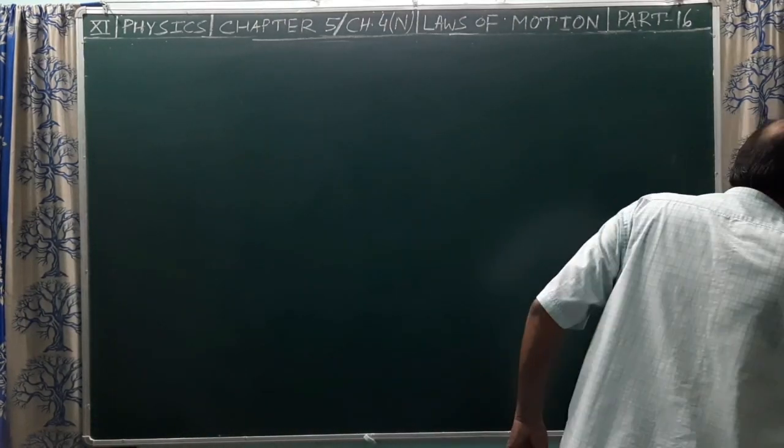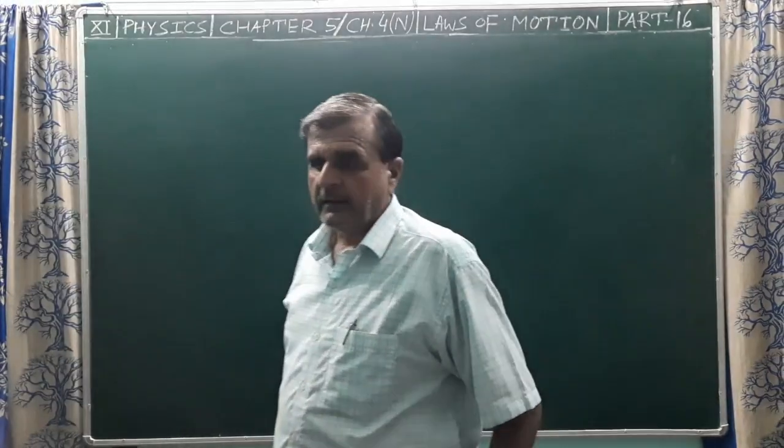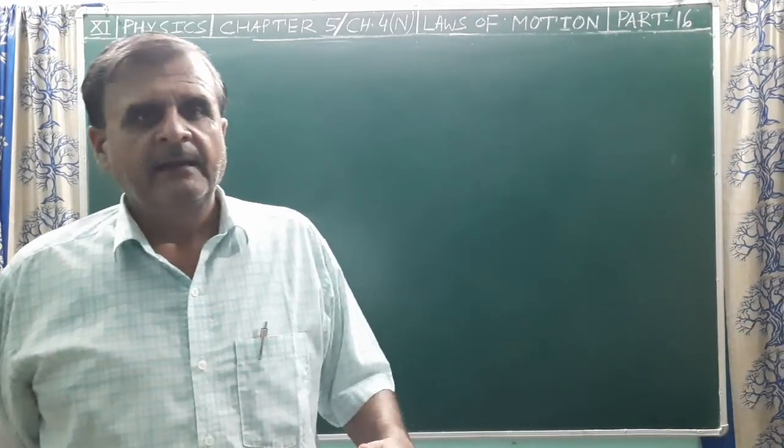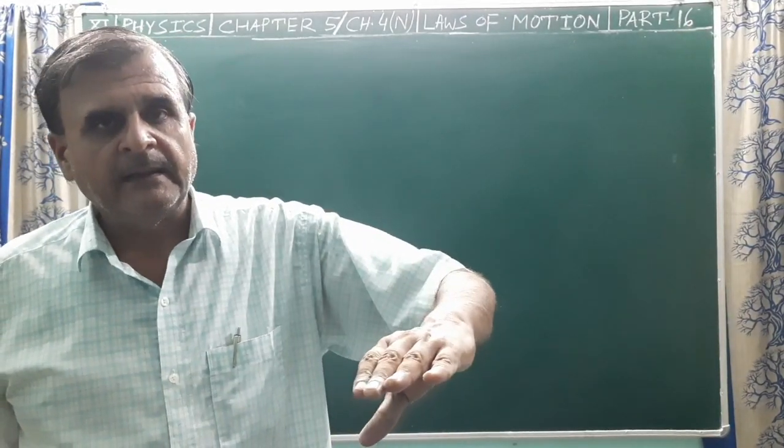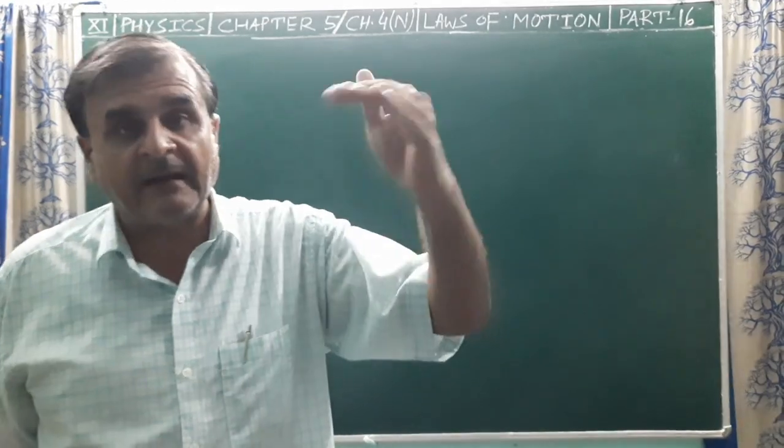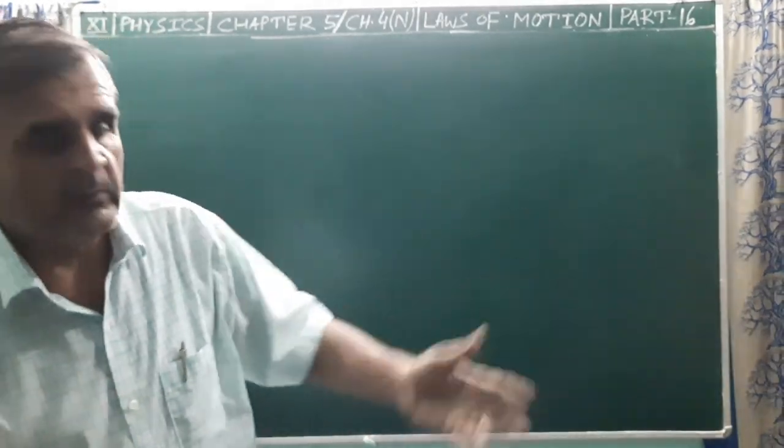But first of all, we have to discuss downward acceleration of a block if no external force is applied, that is, angle of inclination of the inclined plane is larger than the angle of repose.